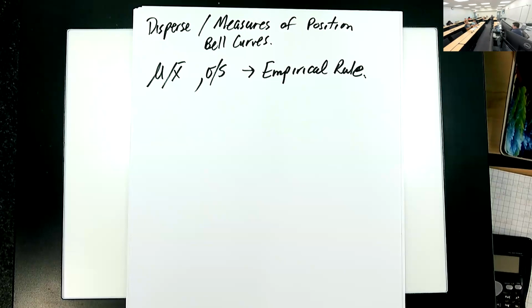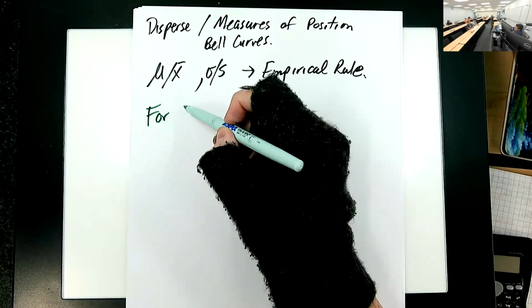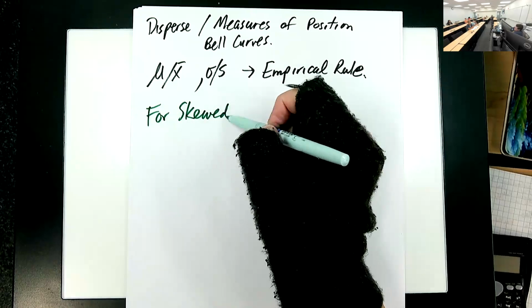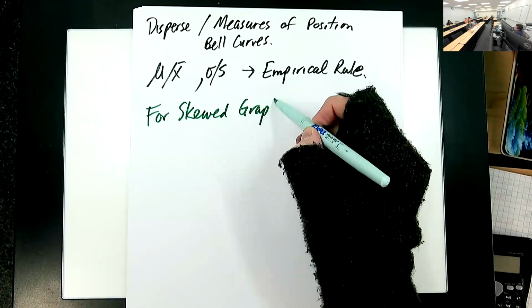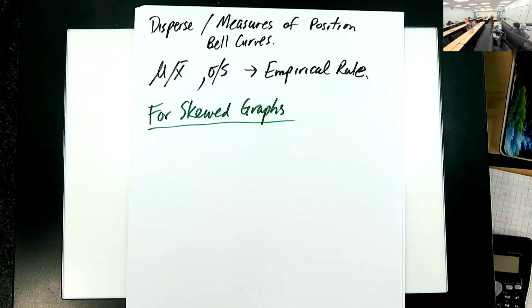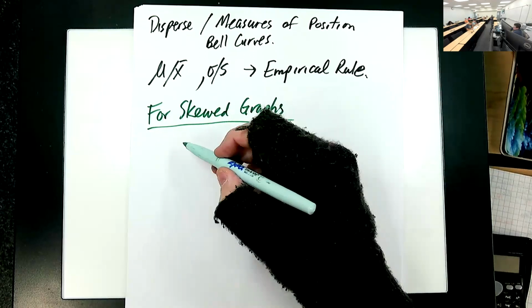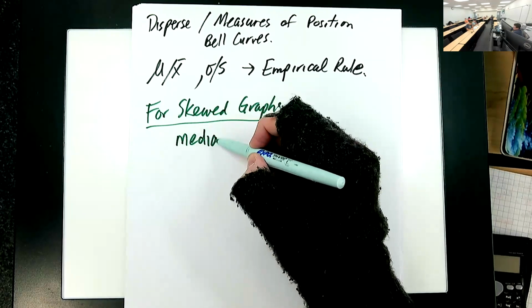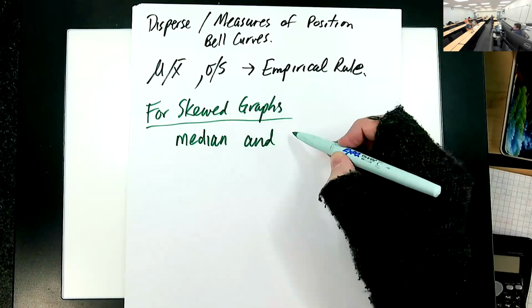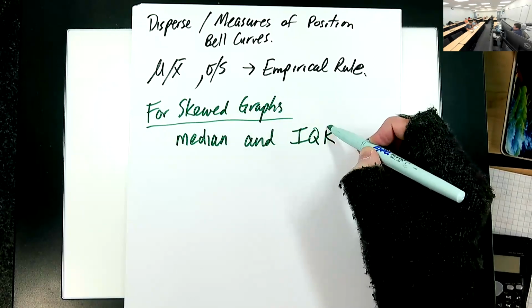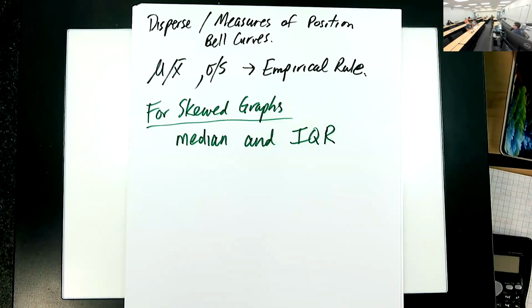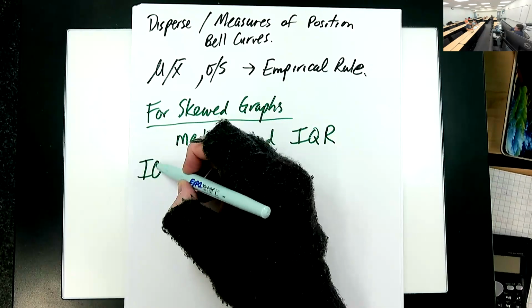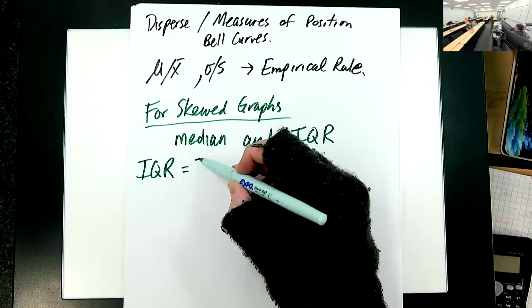What do we do for skewed graphs? For skewed graphs, we like the median and the IQR. IQR stands for interquartile range.